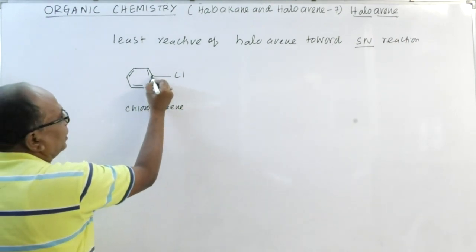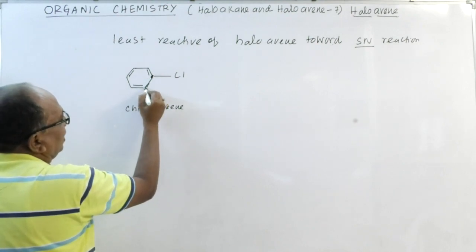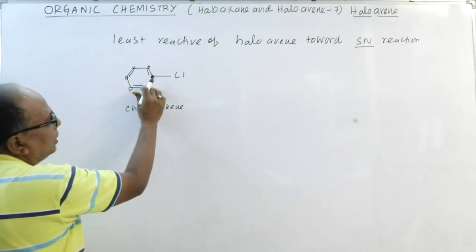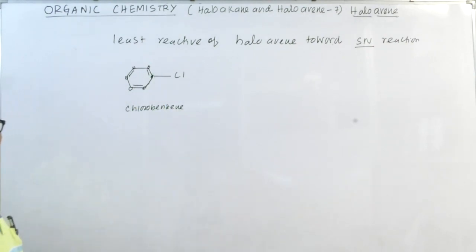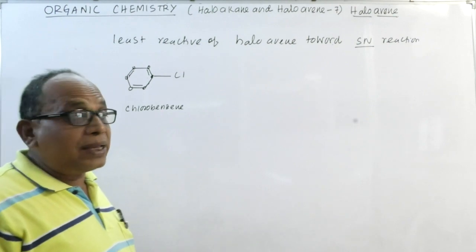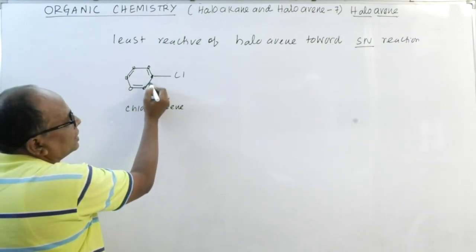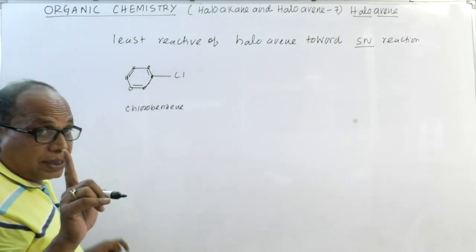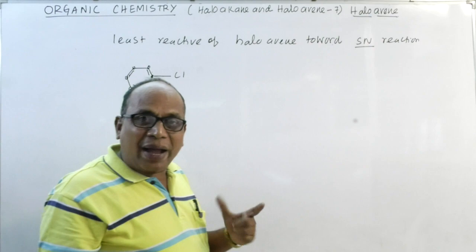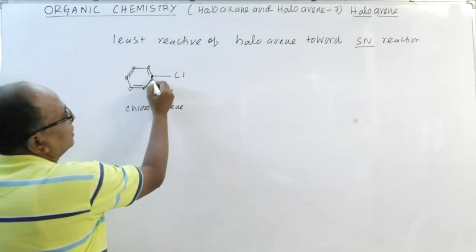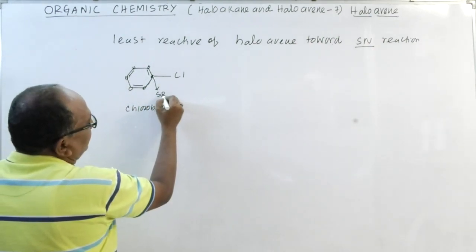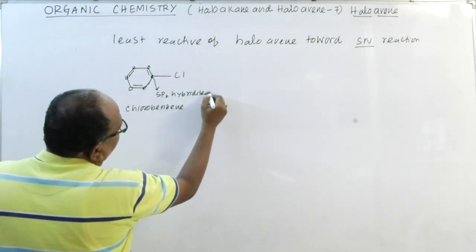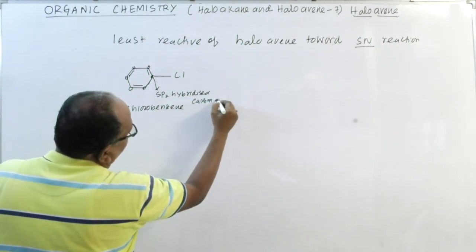This carbon atom possesses a pi bond, means it has 3 sigma bonds and 1 pi bond. This is called an sp2 hybridized carbon atom.